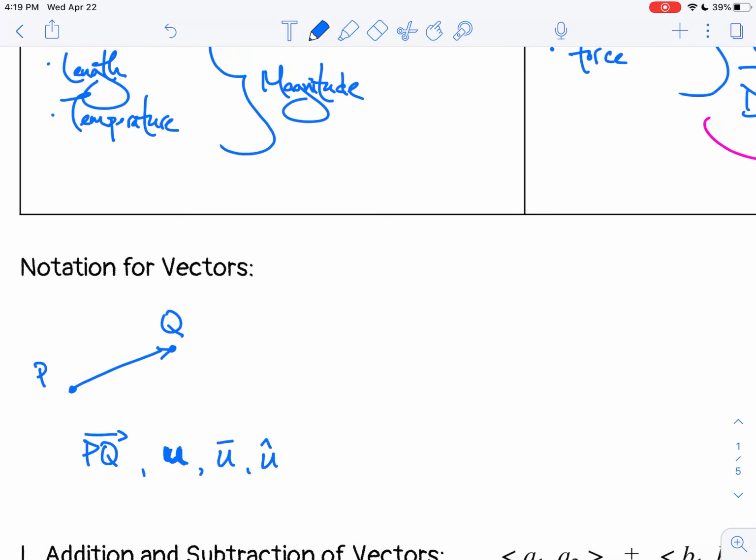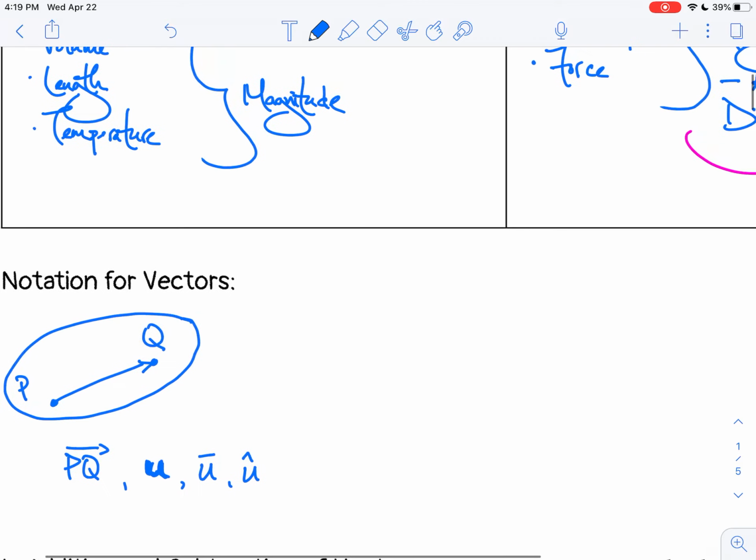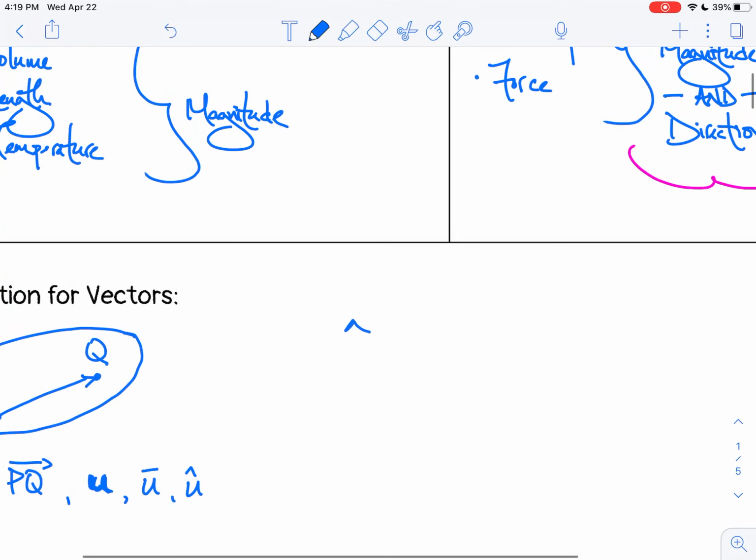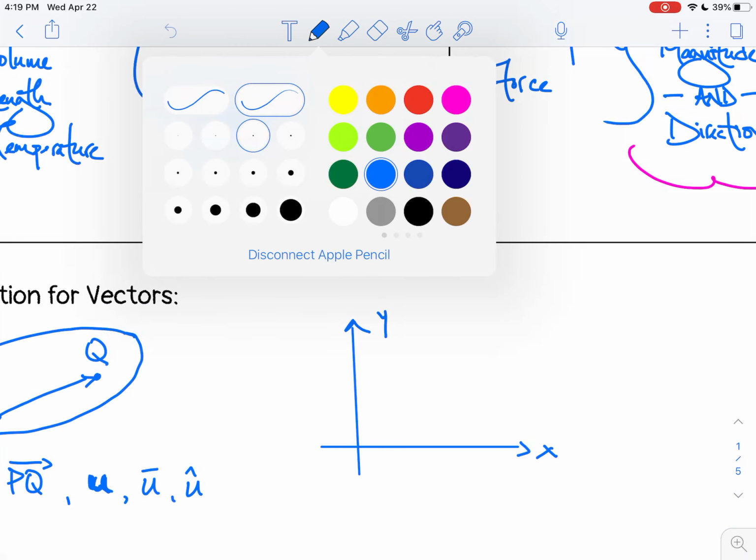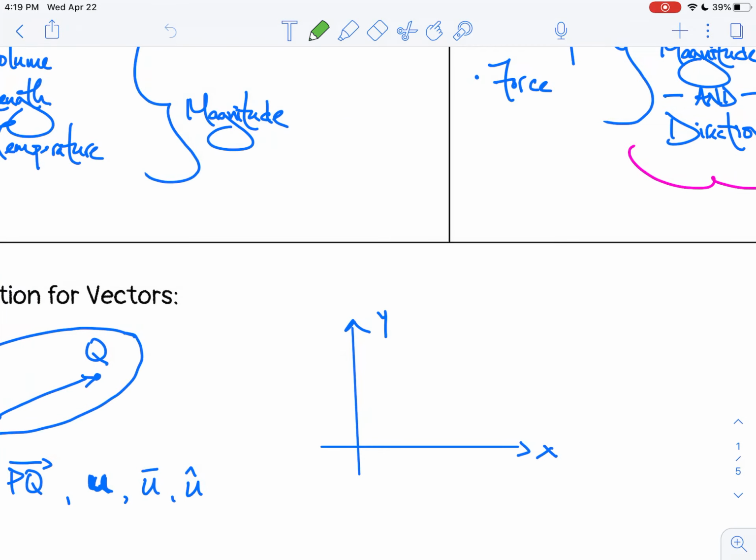Now, what does a vector look like? Well, let's take our PQ vector and put it on an XY coordinate plane and take a look at what it looks like. So, you've got a Y, you've got an X. All right, and let's take this vector and use a different color so it stands out a little bit more.